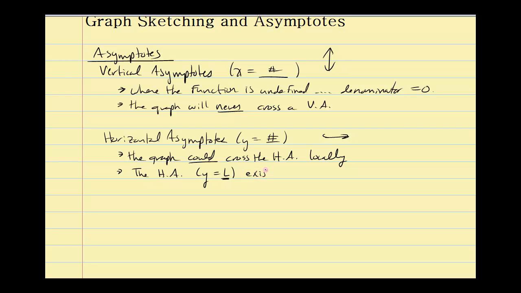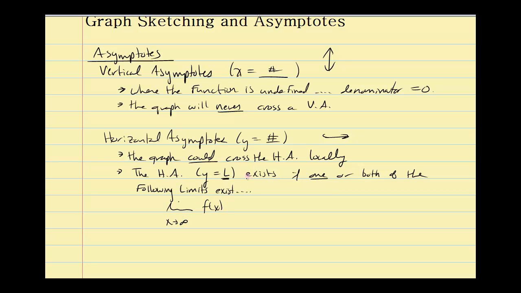So the horizontal asymptote exists if either one or both of the following limits exist. The first limit we'll look at is the limit as x approaches infinity of my function.